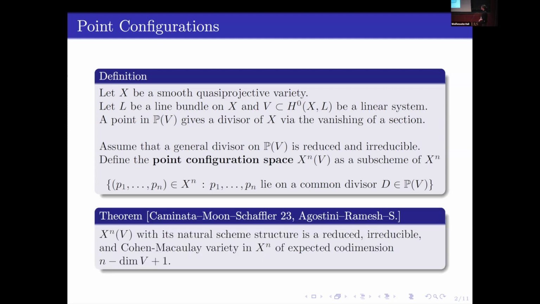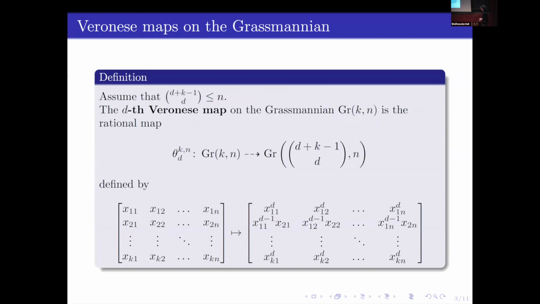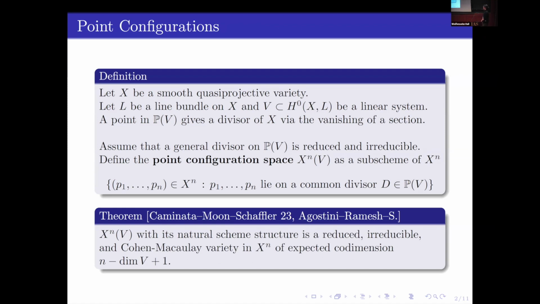Our first theorem says that this point configuration space, with its natural scheme structure, is reduced, irreducible, and Cohen-Macaulay, and its codimension in the nth power of X is as expected. This was first discovered by Caminata, Moon, and Schaffler last year, where they considered the special case when X is projective r-space and V consists of all the degree d forms.